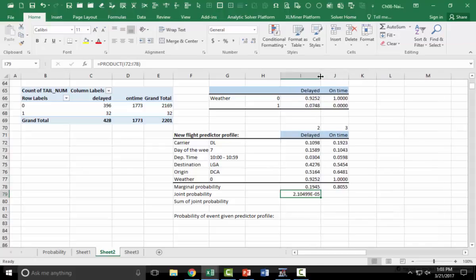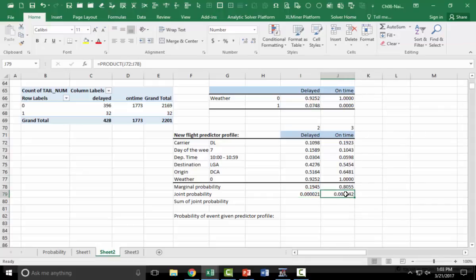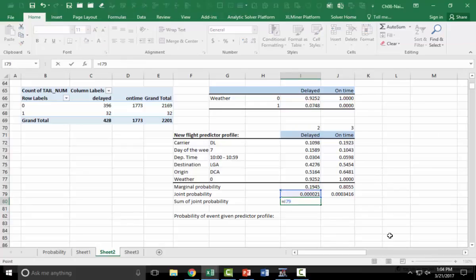So do the same thing here. All right. So now when you sum these 2 probabilities, that is an estimate of the joint probability for that particular predictor profile.